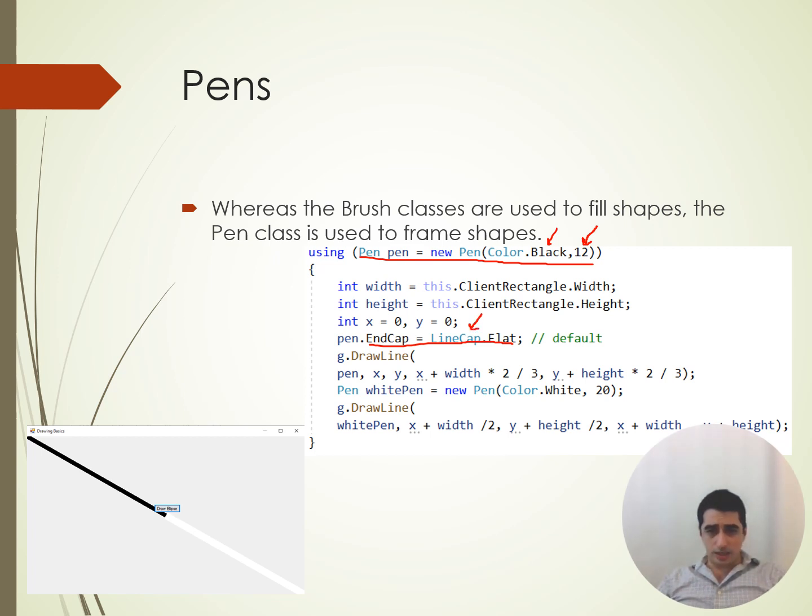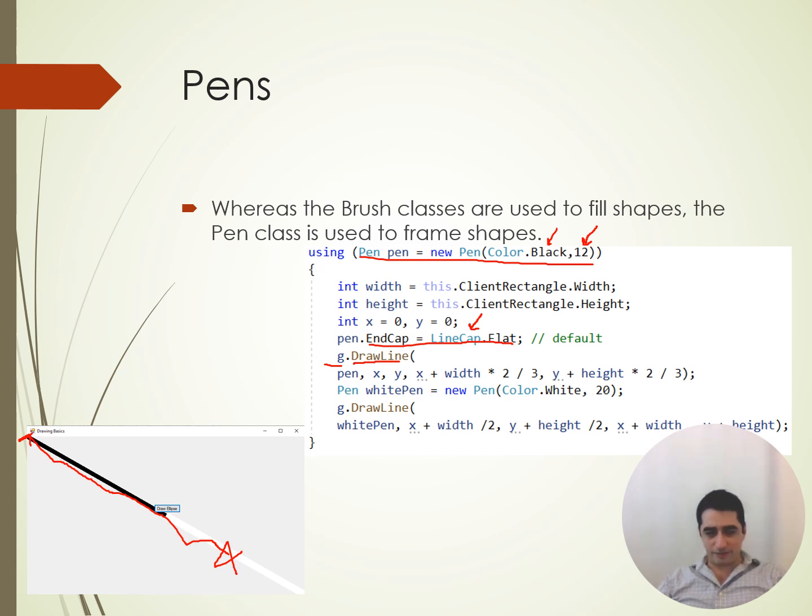Then you can use the pen that you created to draw a line, for example, using the graphics object G, and that draw line method gets a pen first, then it gets the initial location. Let's say this is the initial location. Then it gets the final location, which seems to be here, and it's going to draw a black line from here to here, right?